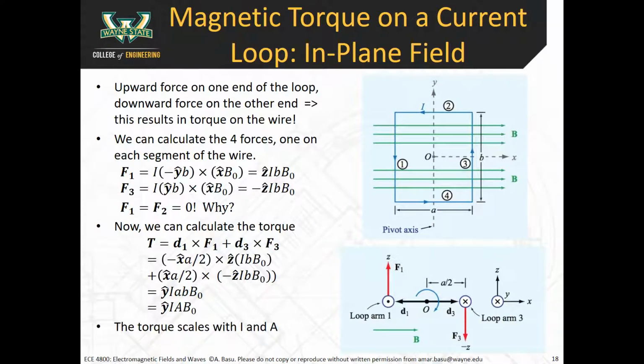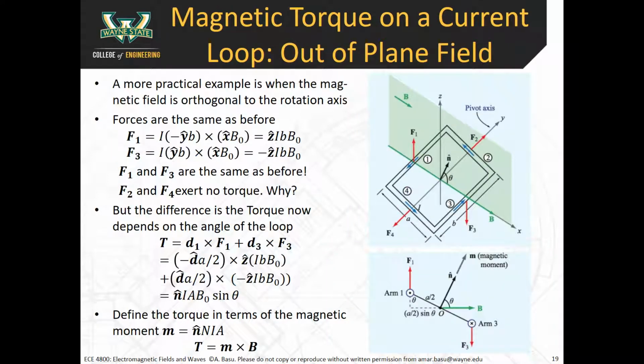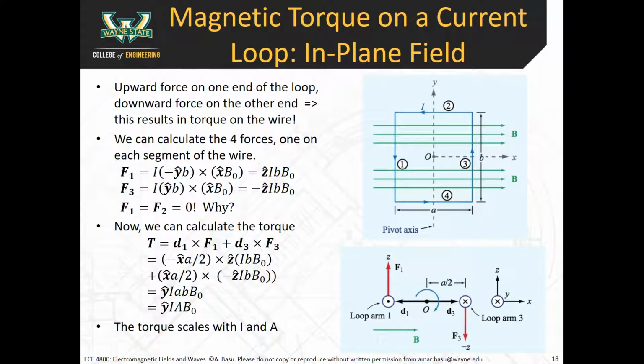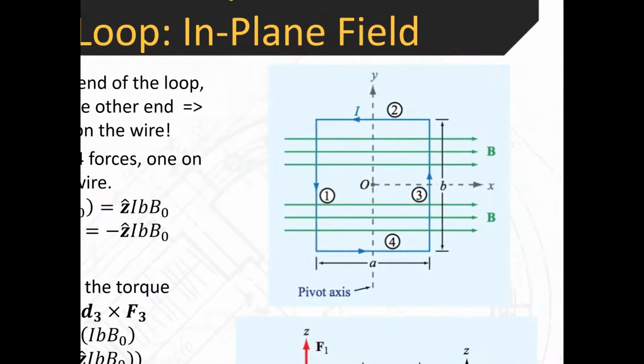Now, we're going to talk about magnetic torque in a current loop, and then how that can actually cause this thing to spin. So imagine here that we have a loop, and the magnetic field is pointed from left to right.